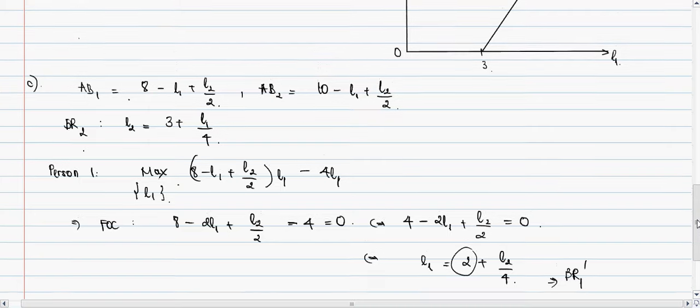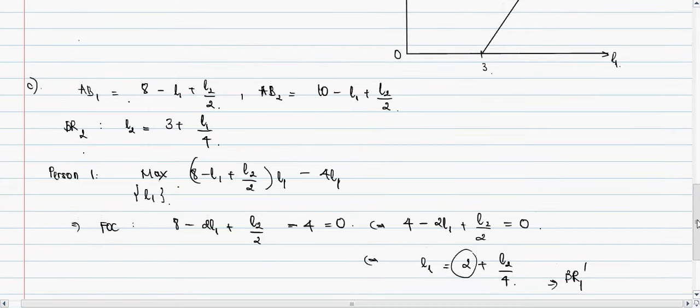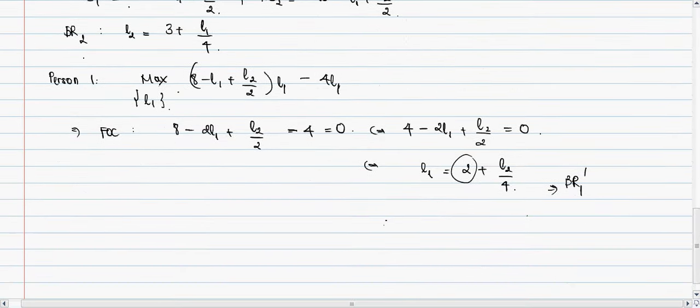Okay, so if I rearrange this to make L2 the subject, because I want L2 on the vertical axis, then I get L2 equal to 4L1 minus 8.